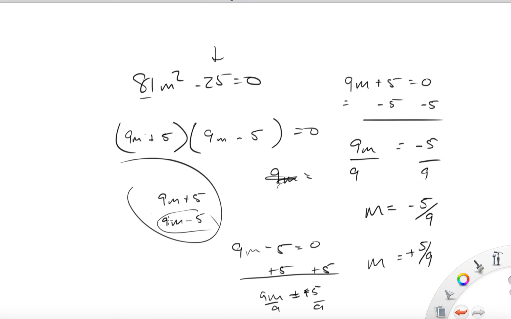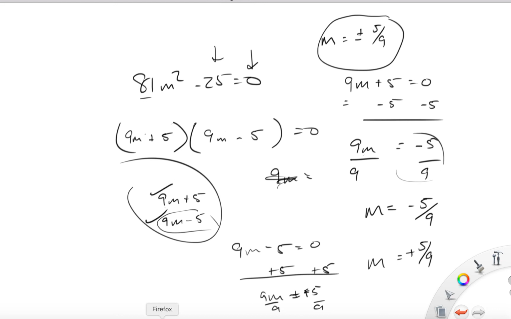In other words, we can write it this way: m equals plus or minus 5 over 9. That's how you solve when you have equals 0. We want to know what m equals in both cases because a conjugate pair has two answers. Pretty easy.